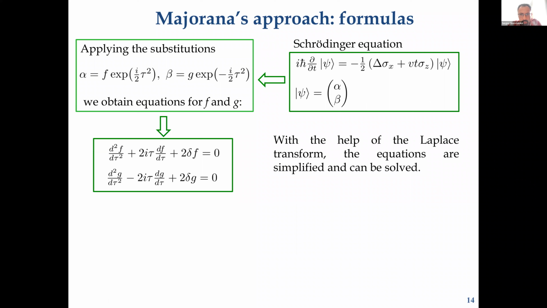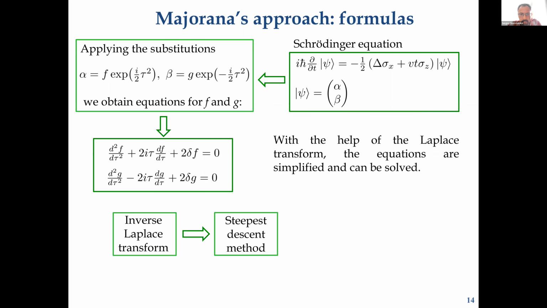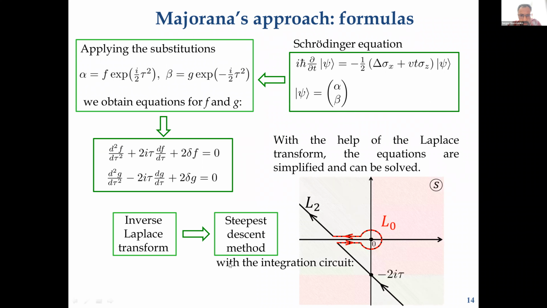These are solved by the direct and inverse Laplace transformation. To get the answer from the inverse Laplace transform, we need to use the steepest descent method. And for this, we use this integration circuit.